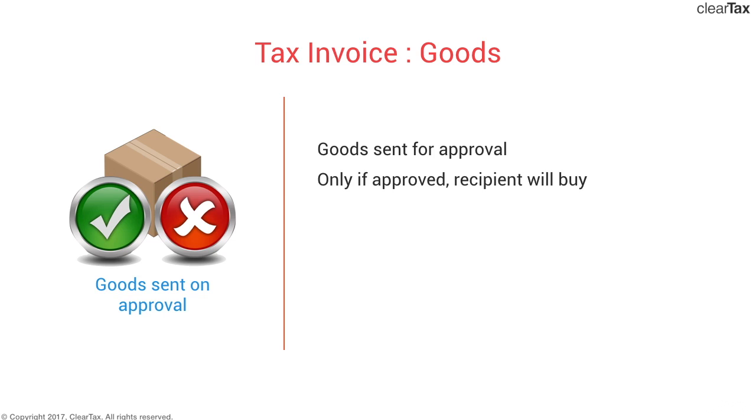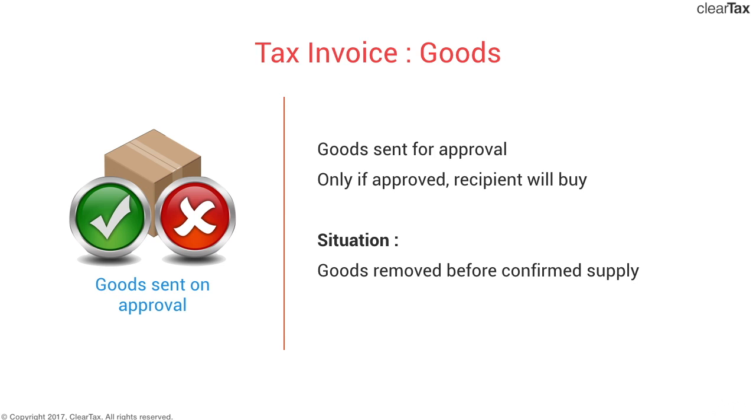You will have to approve, saying that, hey, yeah, I do like all the customization and I'm ready to buy the jacket. It's only then that the sale is complete. But the supplier has already sent the goods out to you. There's movement already done before the supply was finalized.